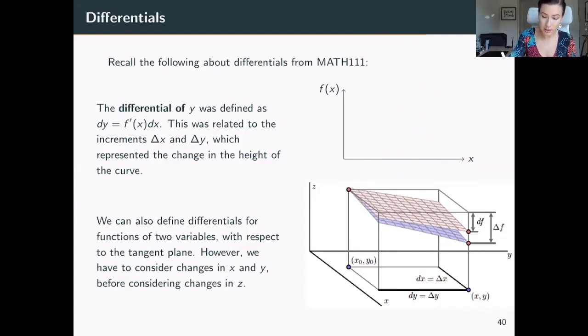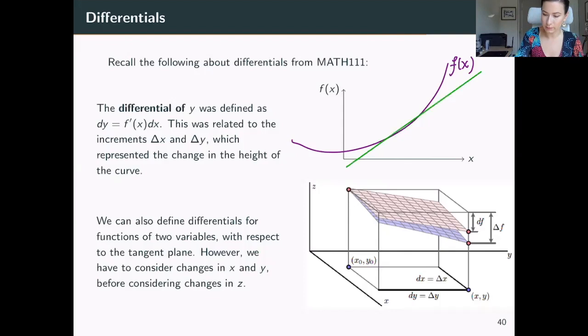To finish off this section, we're going to again rewind to 111 when we were talking about differentials. So suppose that we had a function, which I could call f of x. When we looked at f of x, we could also define the tangent line. So here I could look at the tangent line at a given point. This was going to be the tangent line at a point c.